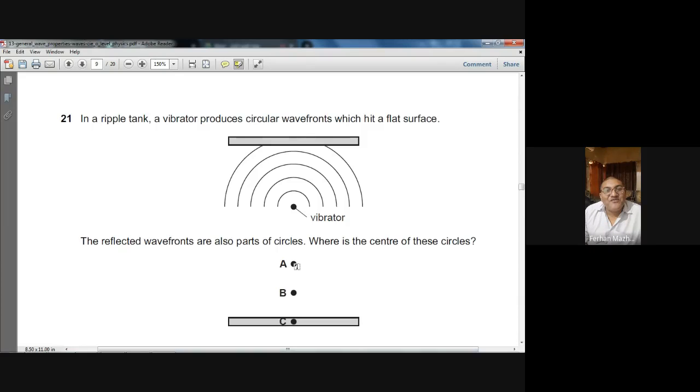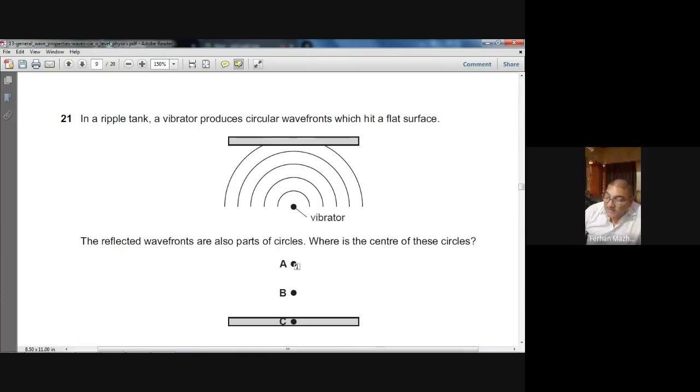These are water waves being reflected from a flat barrier, and they will appear to be coming from the vibrator position behind the barrier. They are not actually coming from there, but it will appear that the center of the reflected wave fronts is behind the barrier, exactly like the image in a mirror.